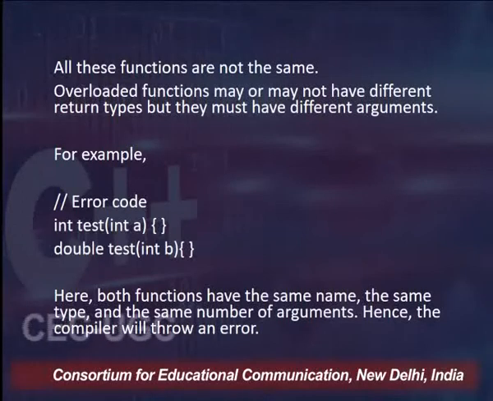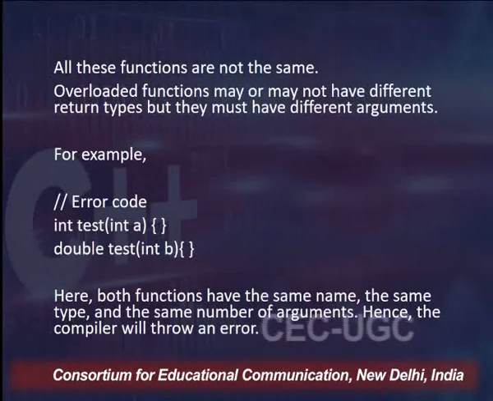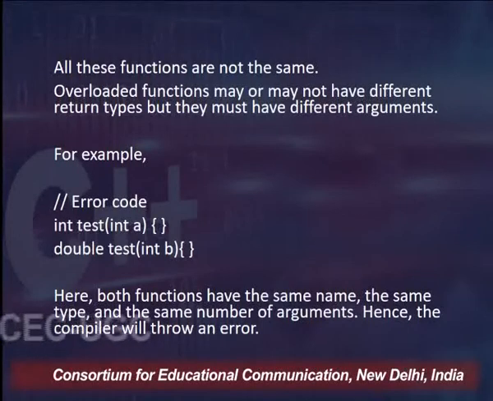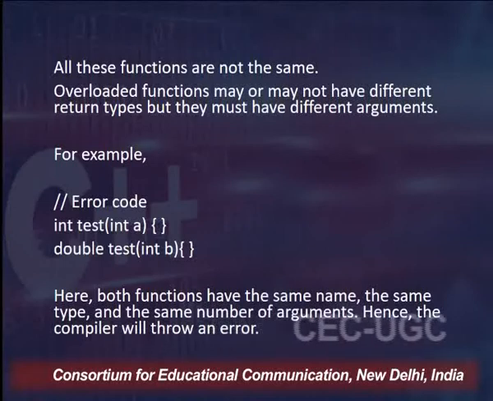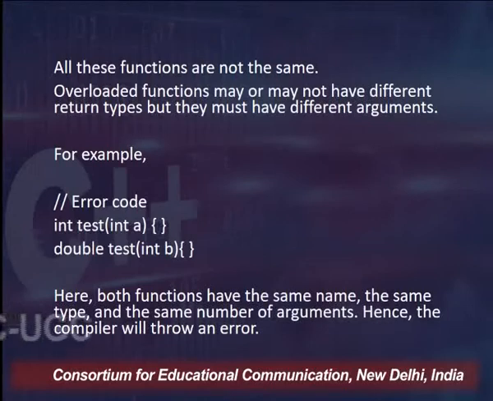The name is the same, the number of parameters is the same, the type of parameter is the same. The difference between the two tests is just the return type. One test is going to give you an integer and another test is going to give you a double. So both functions have the same name, same type, same number of arguments, and only the return type is different.